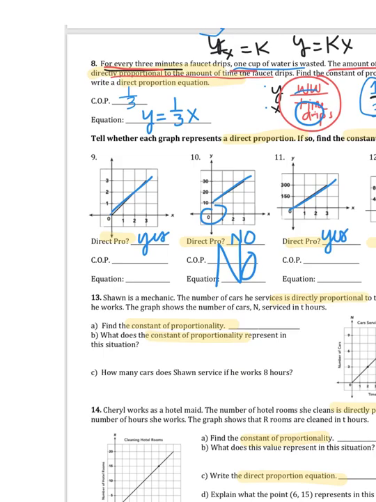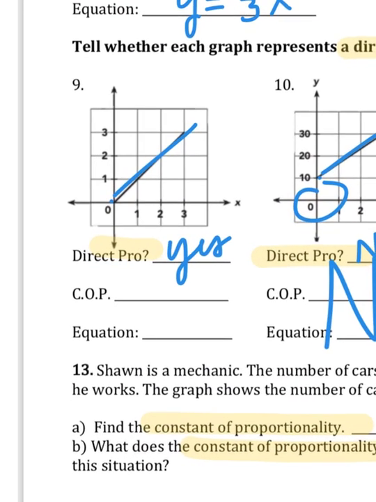Okay, so now let's go back to this one. What's the constant? Well, when you find the constant of proportionality, you want to find where the lines intersect. I'm going to try to erase this here. Hold on. Okay, that blue line won't erase it for me. You want to find where the lines intersect.